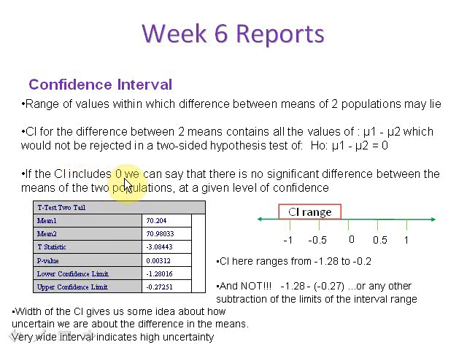If the confidence interval includes 0, then that corresponds to the case where the p-value is greater than your criterion level, so greater than, for example, 0.05. And here's one of the tables that's produced by the software, and there's a confidence interval range here for a two-tailed test.